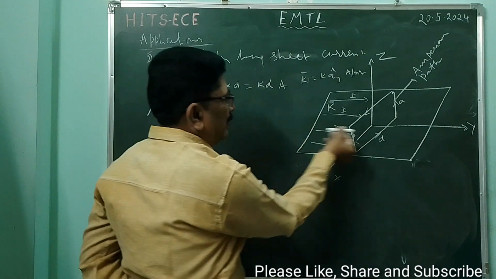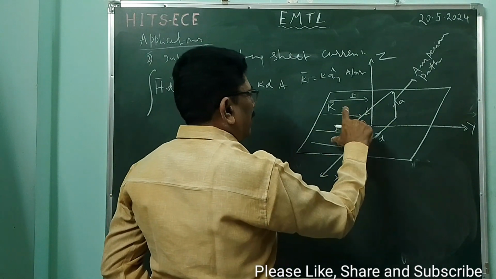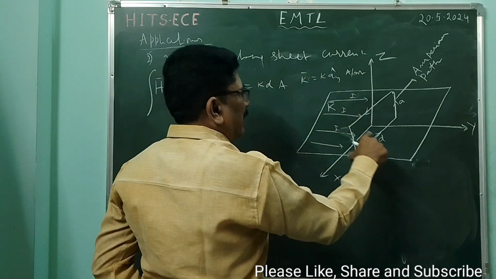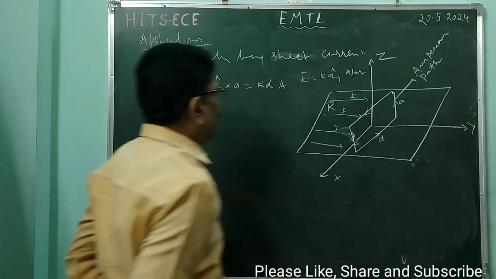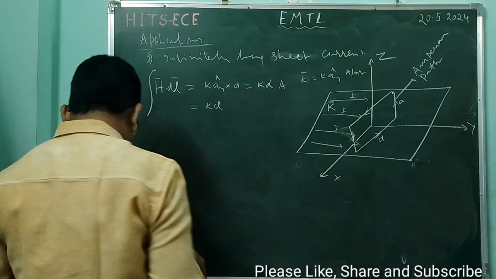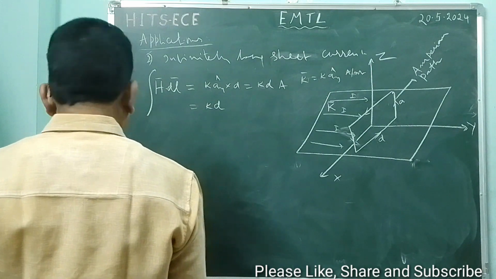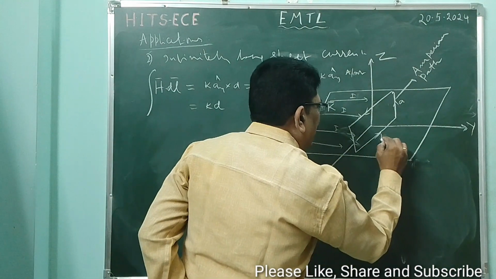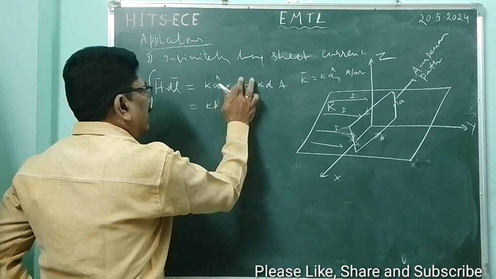K is the magnitude of this current vector, so K into D is the total current flowing through this Amperian path. Now let us write B for D. B is the breadth, let us say, and the current enclosed is K into B.